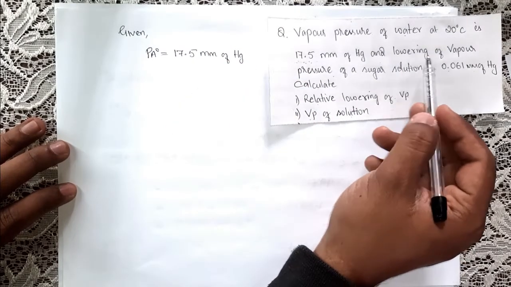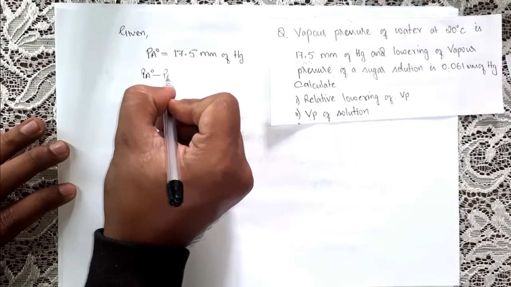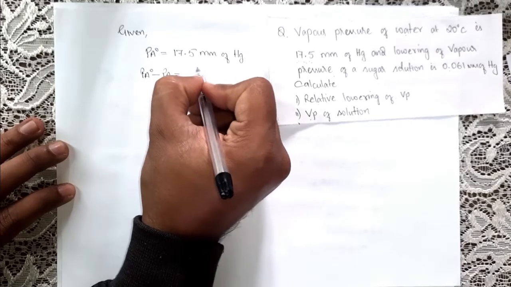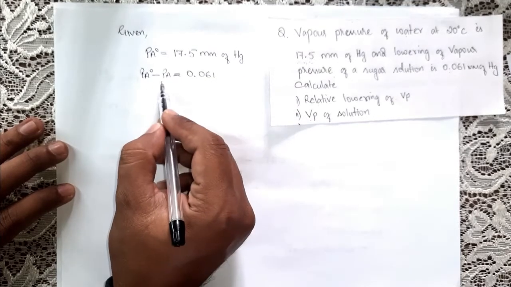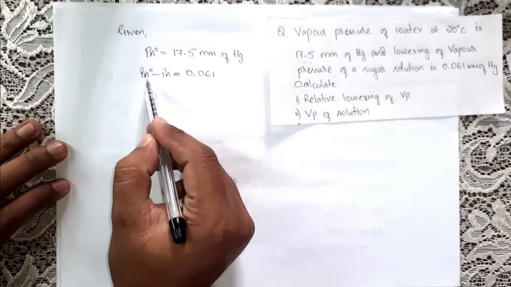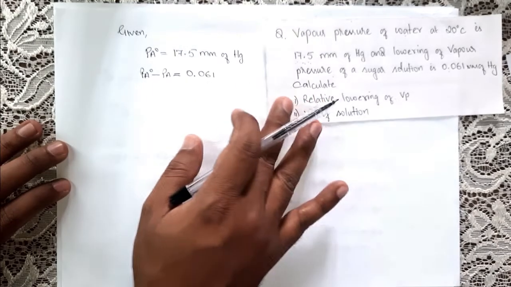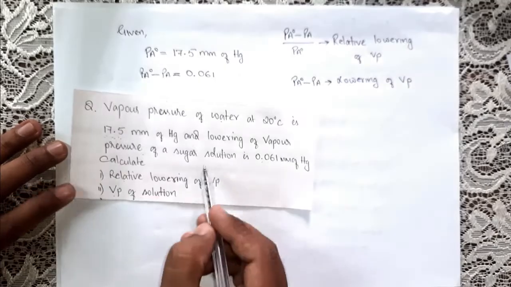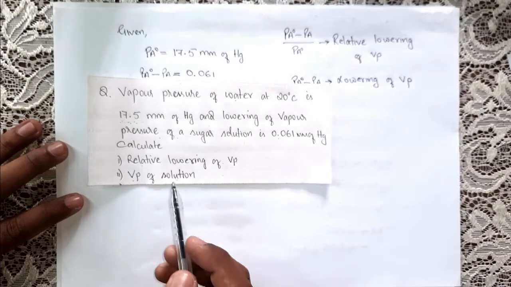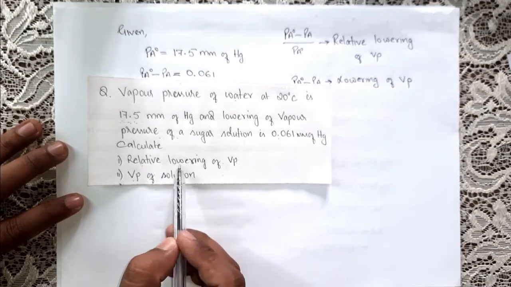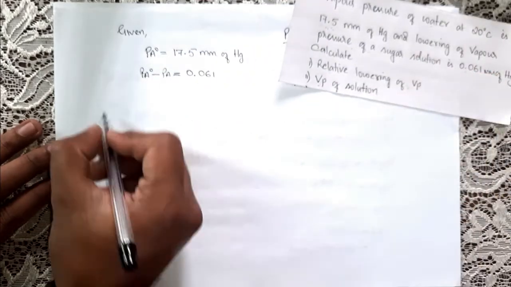Then the lowering of vapor pressure of sugar solution, PA naught minus PA, is 0.061. So this is your lowering of vapor pressure. Lowering of vapor pressure is PA naught minus PA. What is the first question we have? Calculate relative lowering of vapor pressure. You are supposed to calculate relative lowering of vapor pressure.